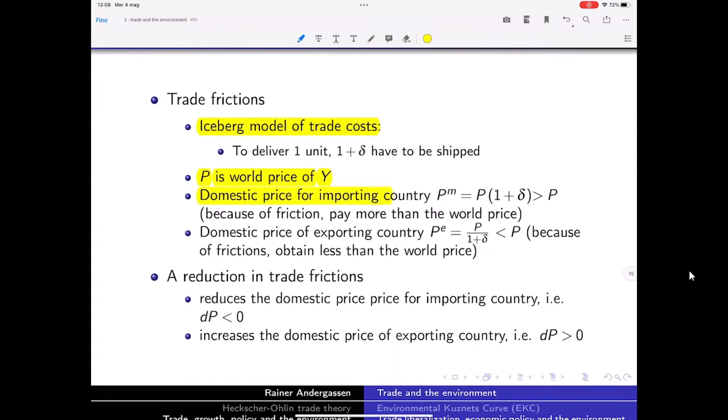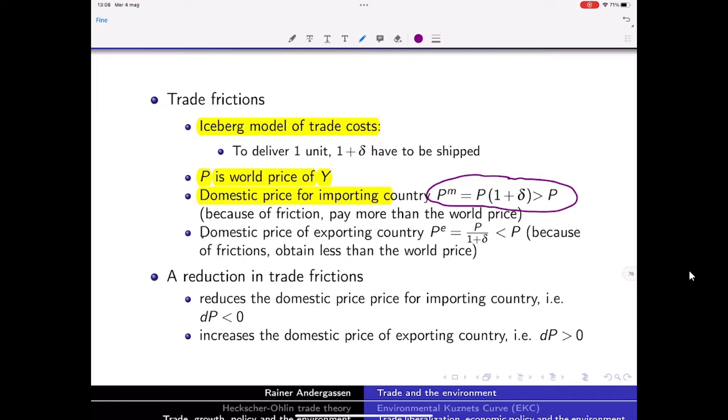The domestic price for the importing country is PM, and here PM is P times 1 plus delta, so it's larger than P because of frictions. Because of frictions, you pay more than the world price. This is for the importing country.